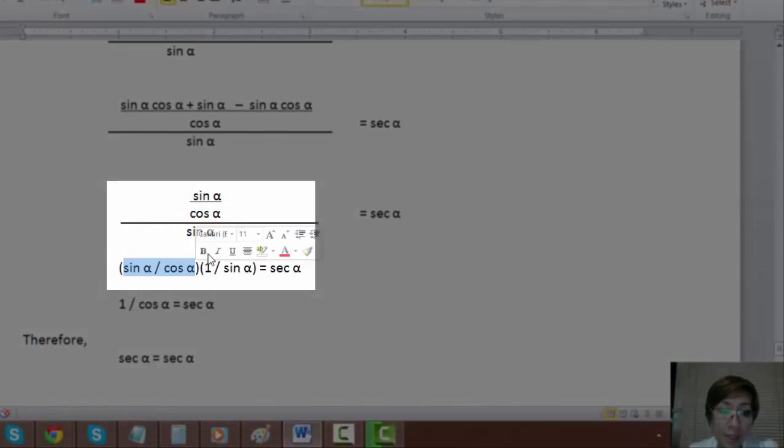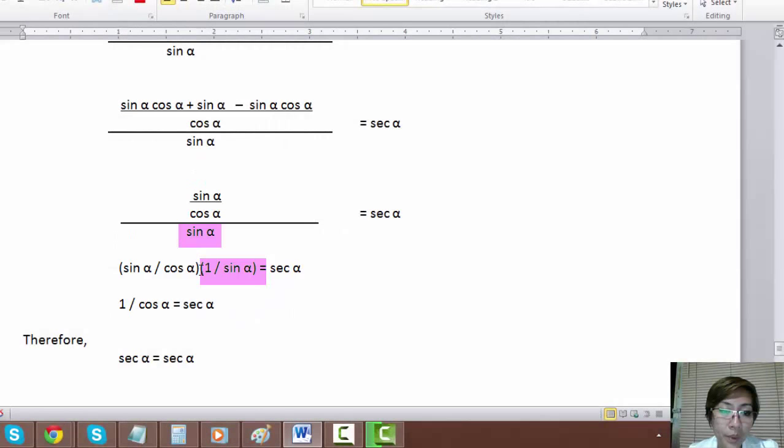Therefore, the reciprocal of sine alpha is 1 over sine alpha, resulting in 1 over cosine alpha only, since sine alpha can be cancelled with this denominator, which is sine alpha. Therefore, now we have proved the problem, which is 1 over cosine alpha is equal to secant alpha, and we proved that it is equal to the right term as secant alpha.